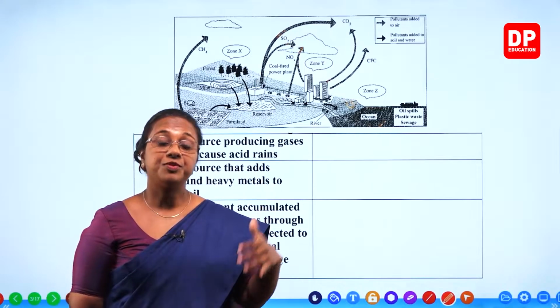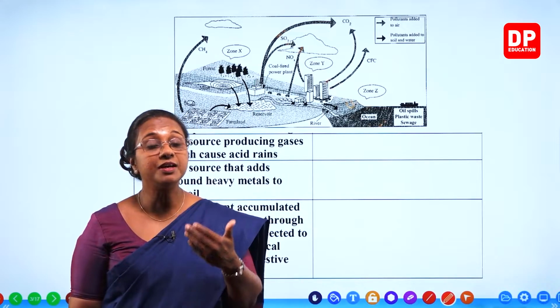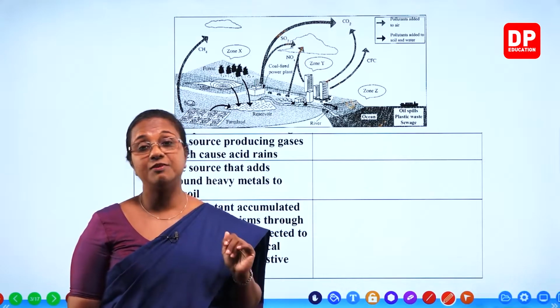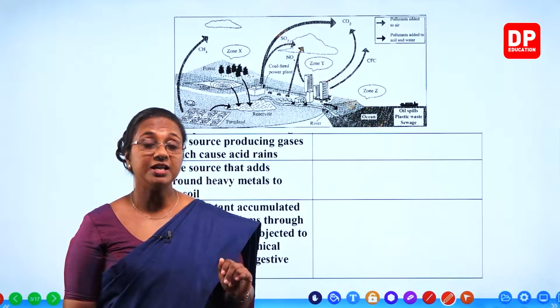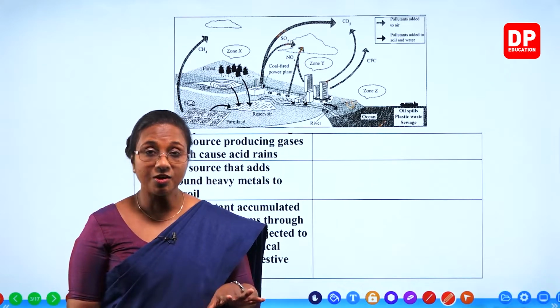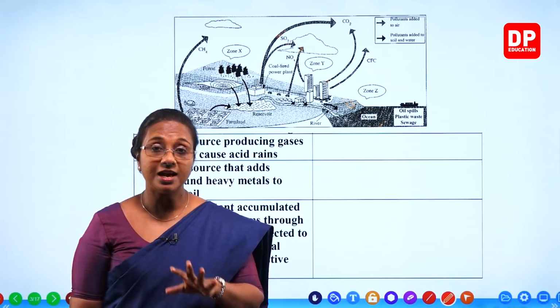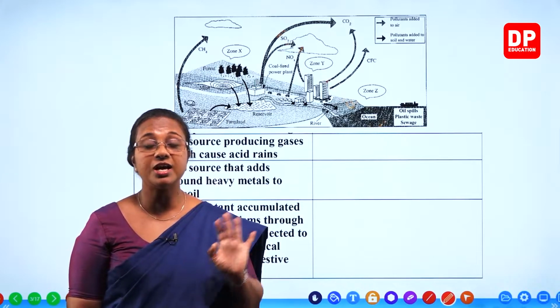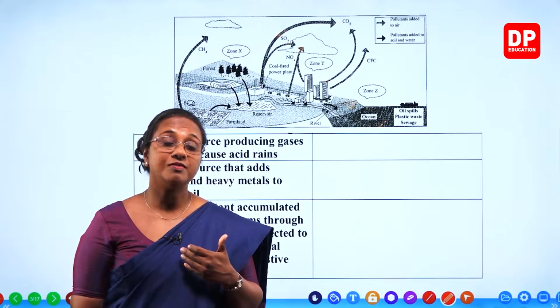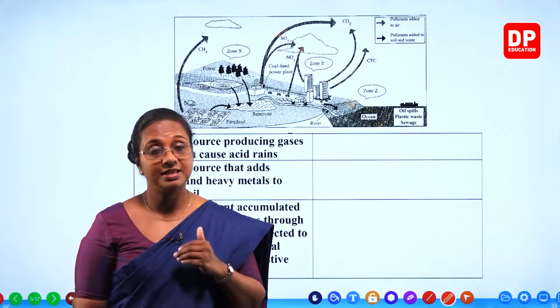But mainly from various sources sulfur dioxide is added to the environment that can again be converted to sulfur trioxide. These gases, sulfur dioxide, sulfur trioxide, in addition to that the nitrogen oxide, nitrogen dioxide, when they are in high amount, easily dissolve in water and cause acid rain.